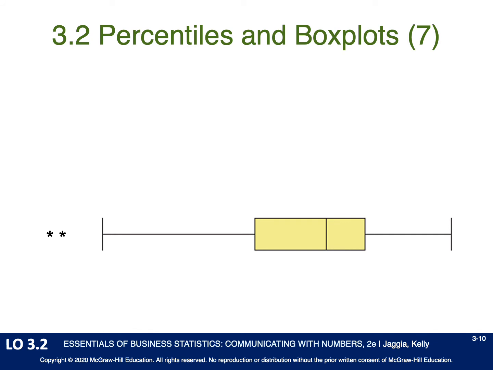First of all, you are going to draw a box. The box goes from quartile 1 to quartile 3. In other words, the 25th percentile and the 75th percentile. And this vertical line, right here, is the median, or quartile 2, the 50th percentile.